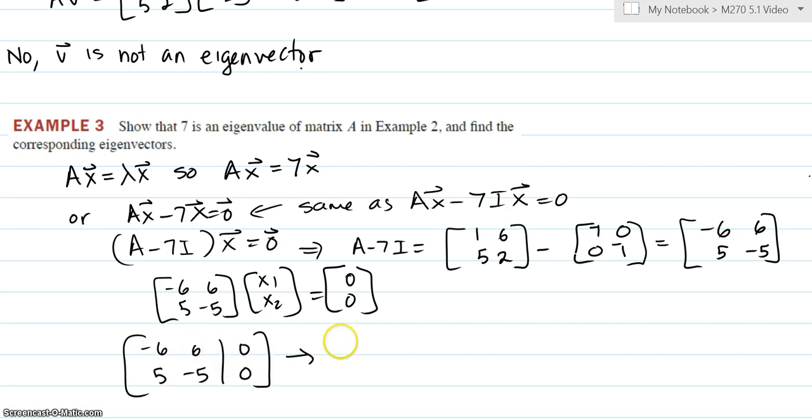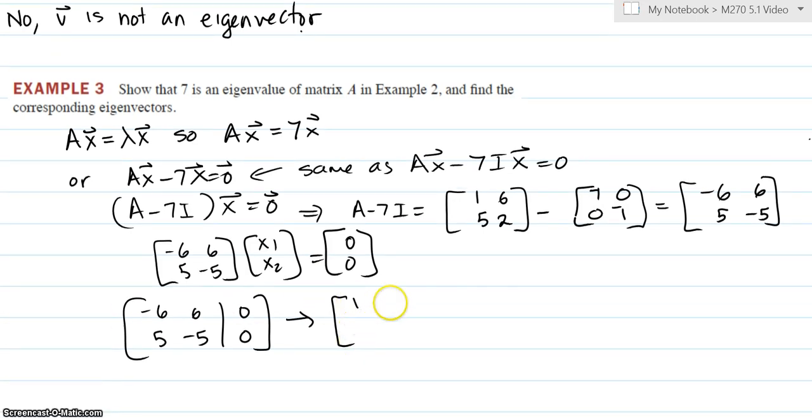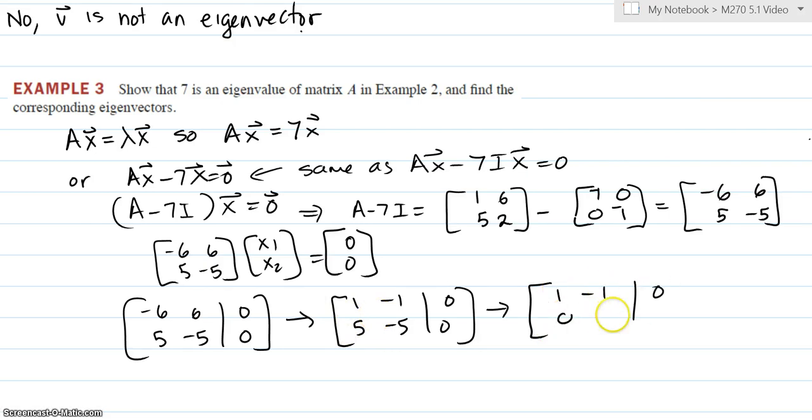So again, row reduction to echelon form. I'm going to divide through by negative 6. Leave that alone. Then I'm going to multiply the first row by 5, add it to the second row. Notice how we get a non-trivial solution.